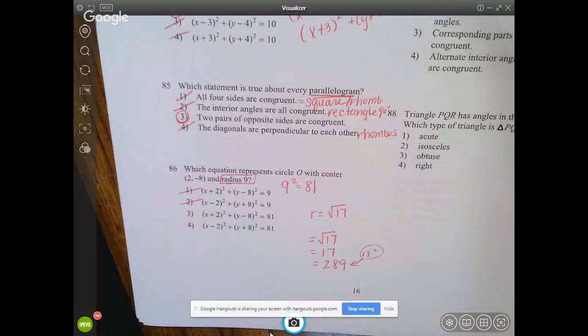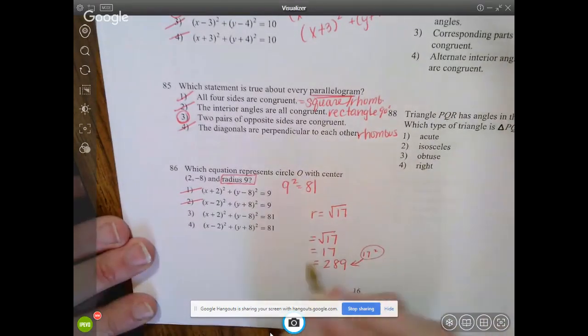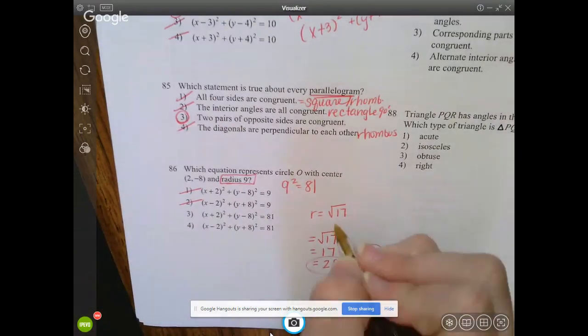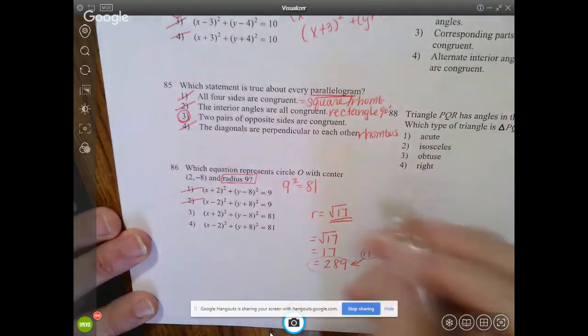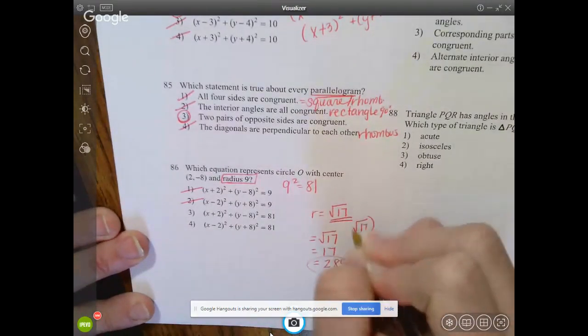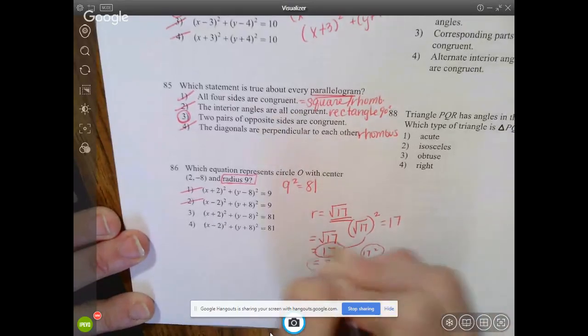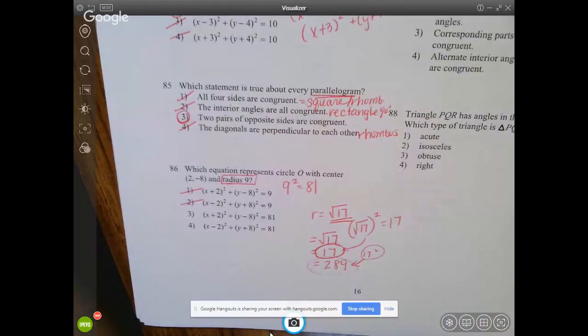Oftentimes, you think, well, it's just going to be this one because 17 squared is 289. But because the radius is the square root of 17, the square root of 17 squared is just plain 17. So if you get a radius that's a radical, you're not going to square the number. You're just going to remove the radical, because squaring the number is what removes the radical.